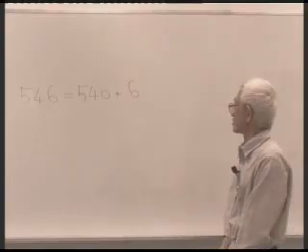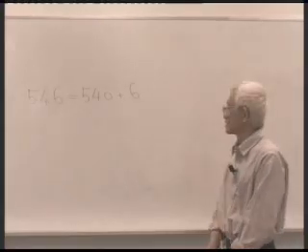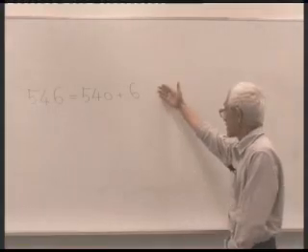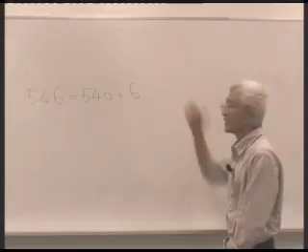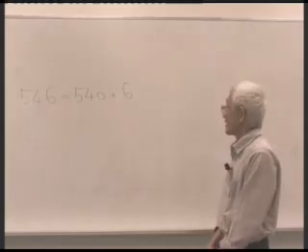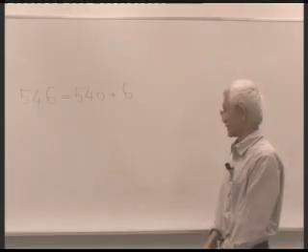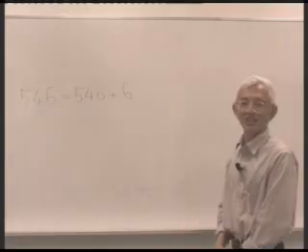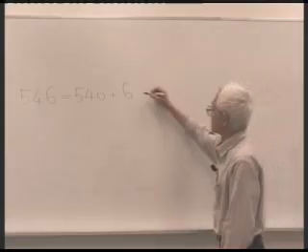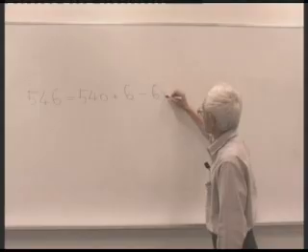Now the question is, what do I add on or take away? You can try different numbers and find out which one works, which one doesn't. Let me tell you what the magic number is. The magic number is 21.